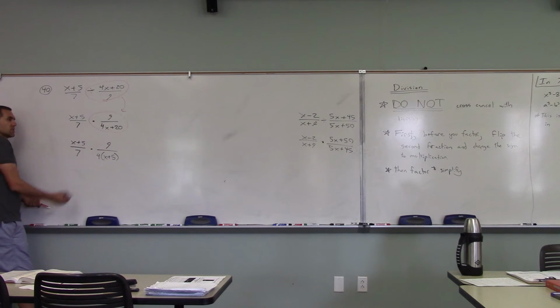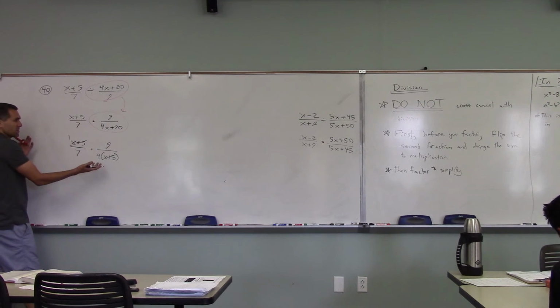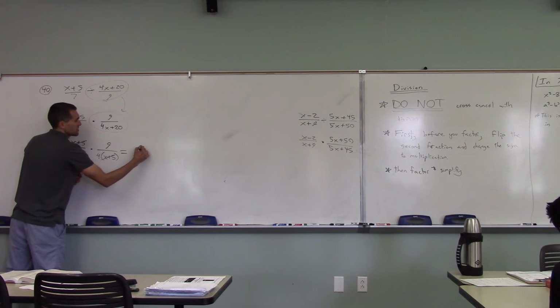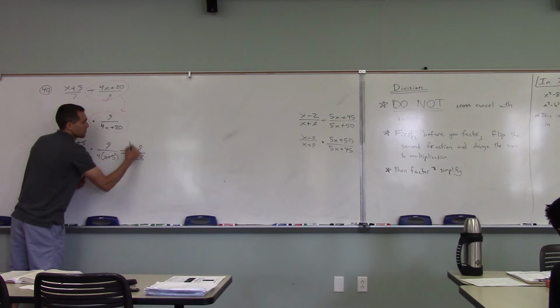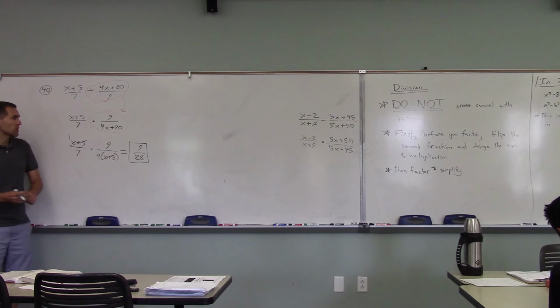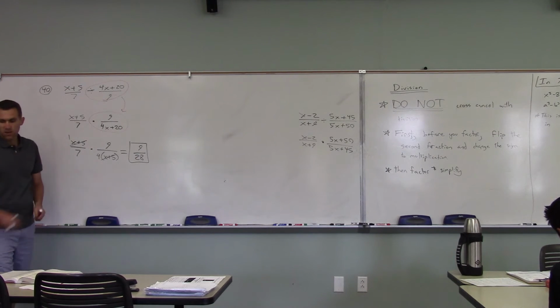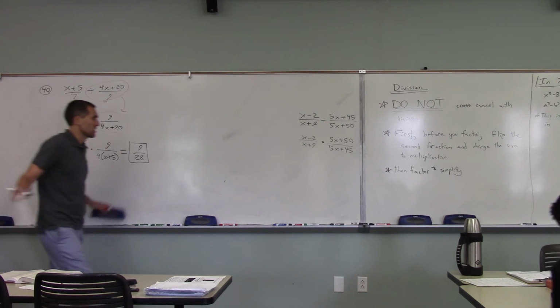So what can I cancel? The x plus 5, and nothing else cancels. So it's 1 times 9 over 7 times 4. But the main thing is absolutely just flip this second fraction and change it to multiplication, and then it's an easy problem.